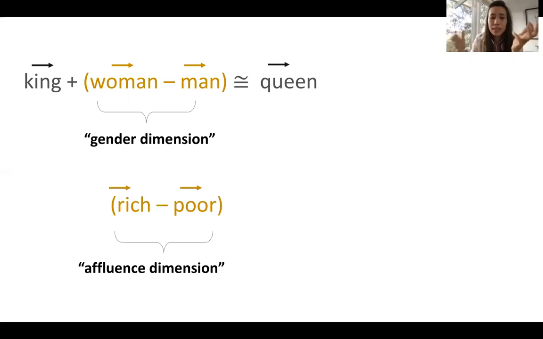Now that's a nice example, and what the authors of this paper argue is that you could do that with any kind of construct that you like, if you have appropriate word antonym pairs.